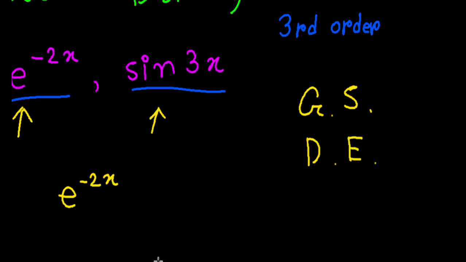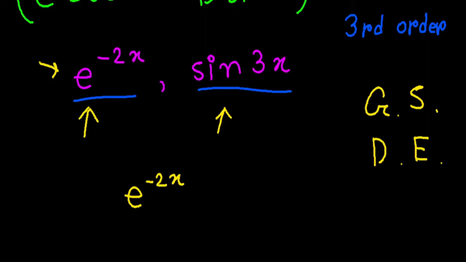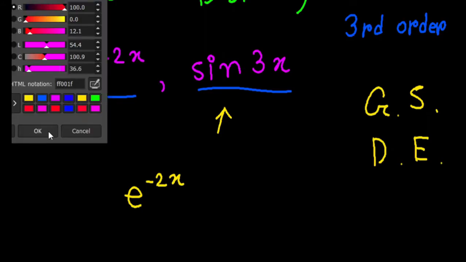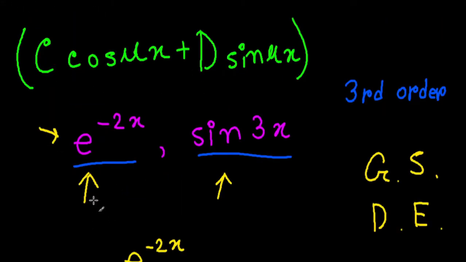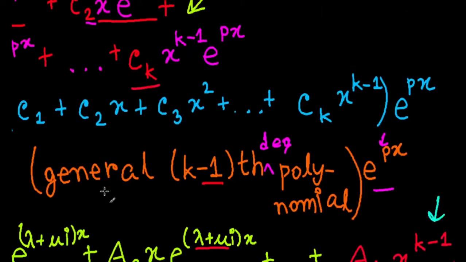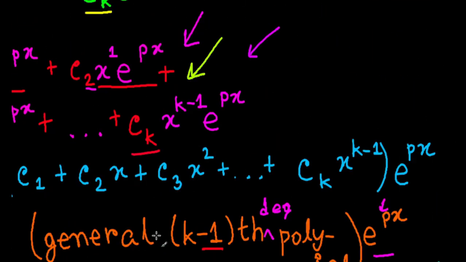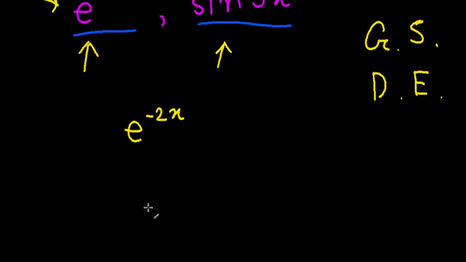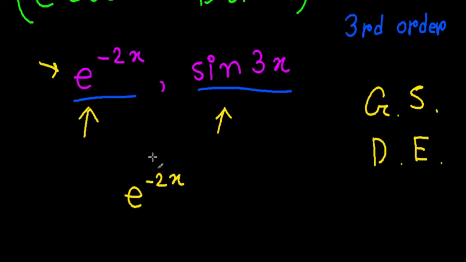So coming back to topic, if e to the minus 2x is a solution to my differential equation, we know for a fact that negative 2 is a root of my characteristic equation. We don't know whether it is repeated or not, we don't know anything like that, but at the very least we know that it's a root.